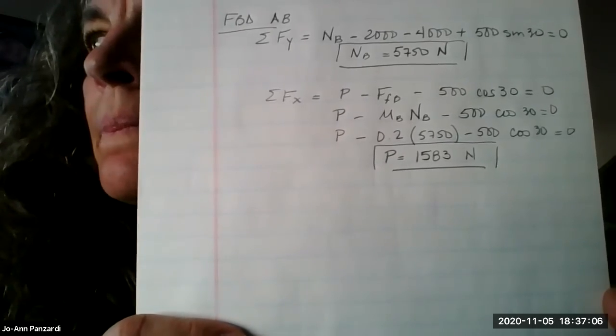Okay, now let's go back to what the question is. It said, determine if the system would be in equilibrium for P equal to 2,500. Maria, if P is equal to 2,500 newtons, what would you say about the system?